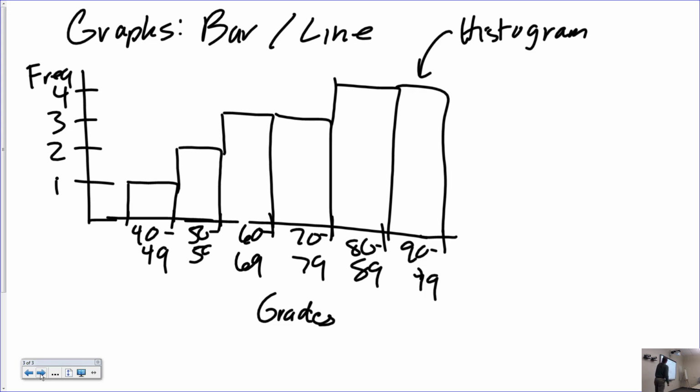Now, folks, how do I tell people that inside of these data, there's actually more information, right? That these represent A's, these are B's, these are... How do I give that information to my readers? Put it above the bar.